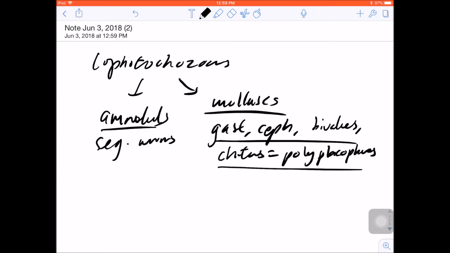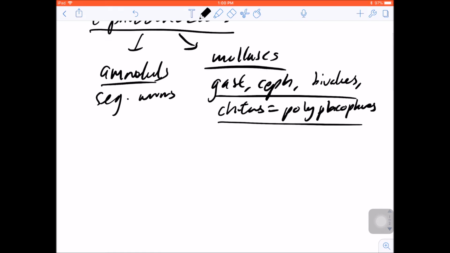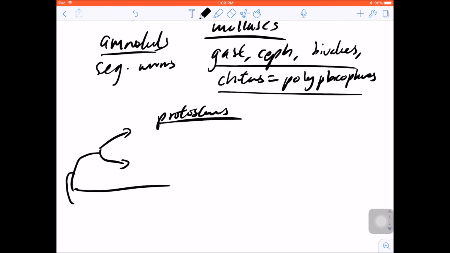Just to backtrack though, the lecture that has the lophotrochozoans, where we talk about the two groups of protostomes. I know this is already in a previous lecture or a previous YouTube video, but remember, it's a pretty poorly drawn tree of life, but at this base right here, these are all the bilateria.